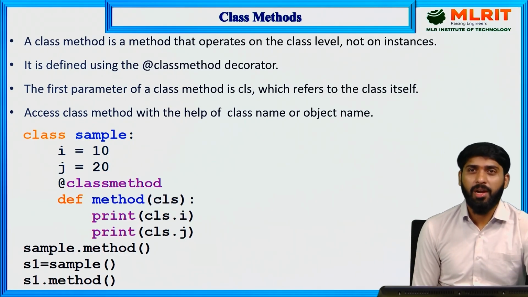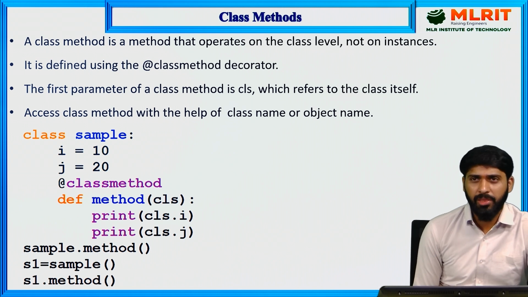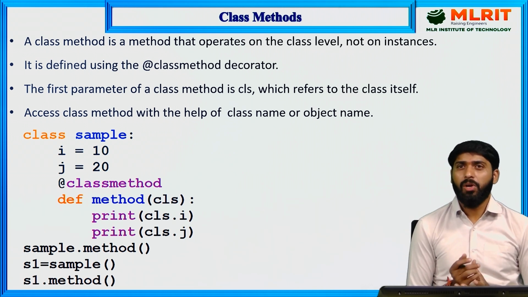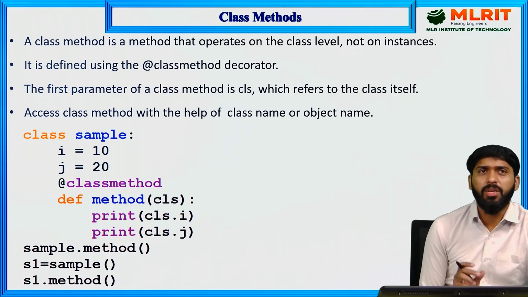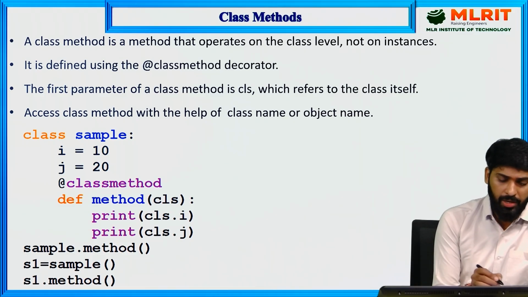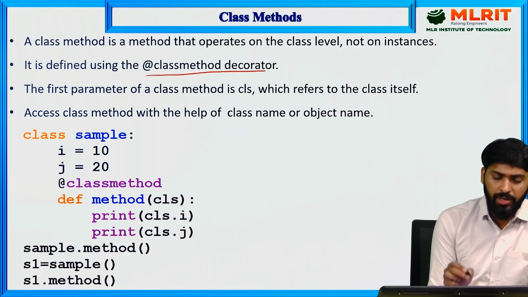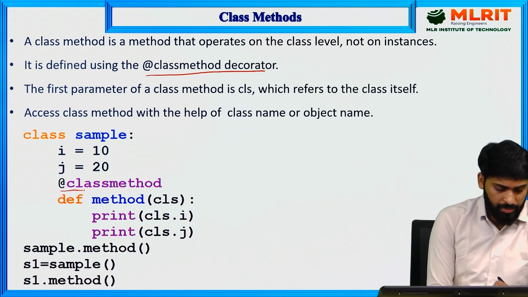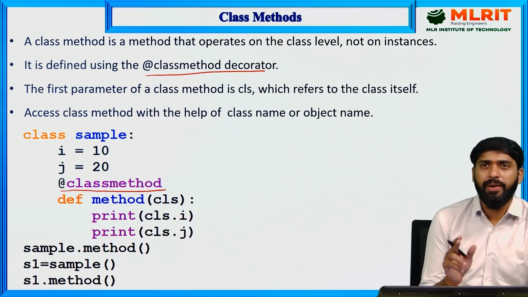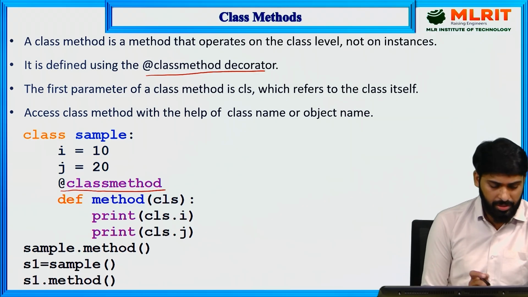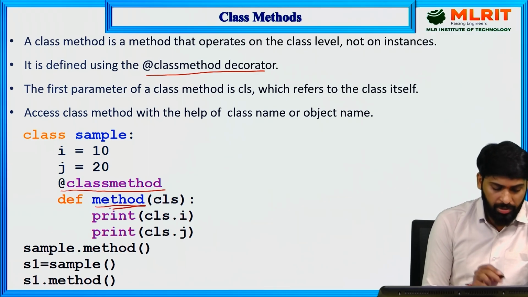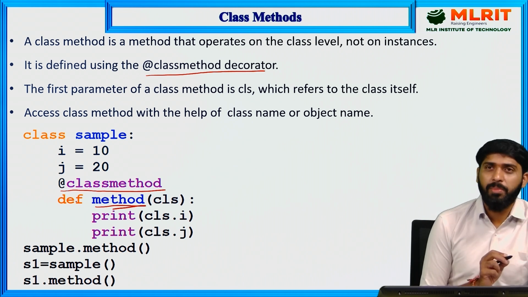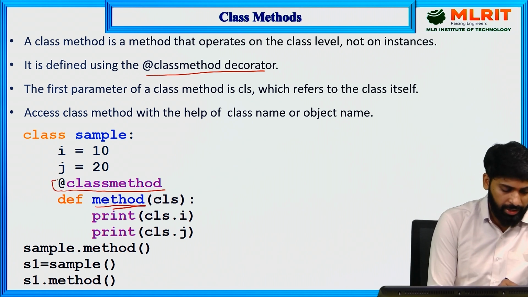Next, class methods. A class method is a method that operates on the class level, not on the instance level. It is defined using the decorator @classmethod. These instructions we call decorators. Now this method I want to define as a class method, so before defining this method, I write one decorator.